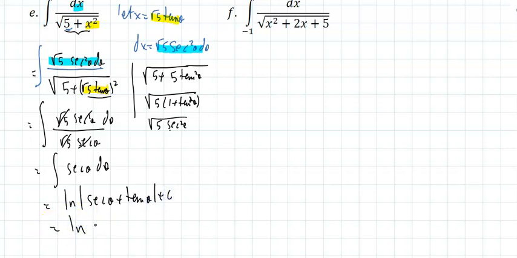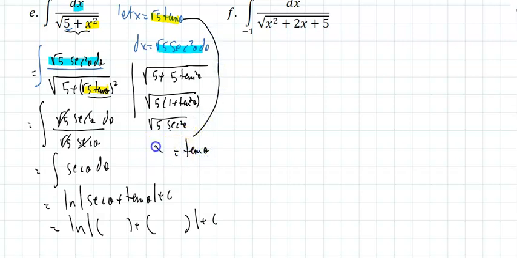That is natural log, and I need to get a secant and I need to get a tangent out of this. So if I take the original setup, I know that tangent of theta equals x over radical 5. Get to my triangle again. Always in quadrant 1, that's the good news.